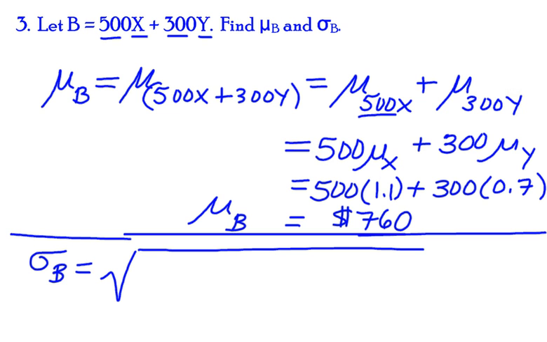It's going to be the square root of the standard deviation of x squared plus the standard deviation of y squared, but we have to include those 300 and 500 multiplications. So the standard deviation would be the square root of the variance of 500x plus the variance of 300y.